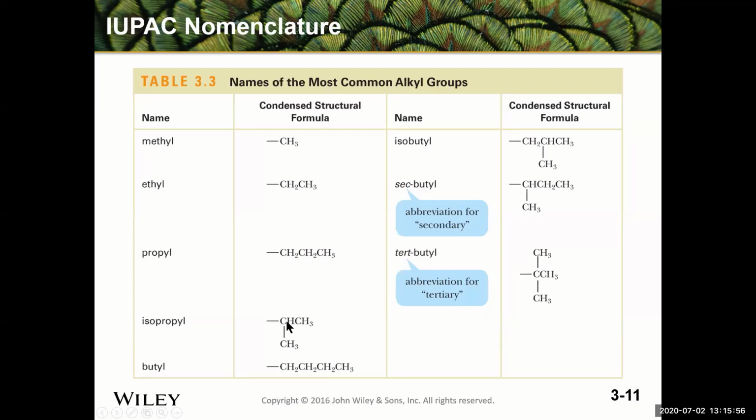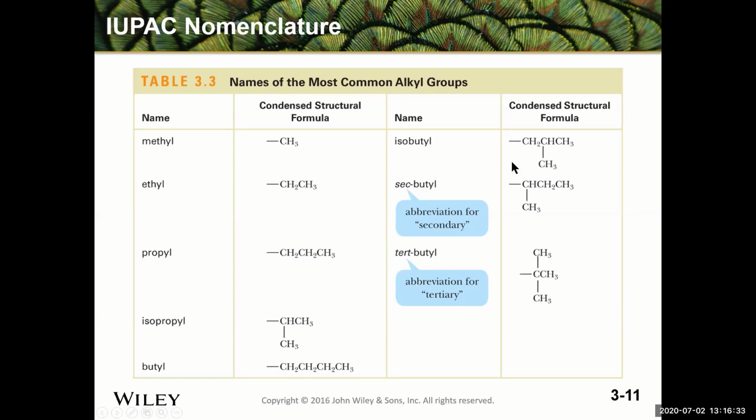Then you can have something called an isopropyl group, where you have 3 carbons, but you take a hydrogen off the middle carbon atom of propane and bond it through the second carbon atom. You bond this to the main parent hydrocarbon through the second carbon. And you can have a butyl group, and then an isobutyl group, which is based upon a constitutional isomer of butane.